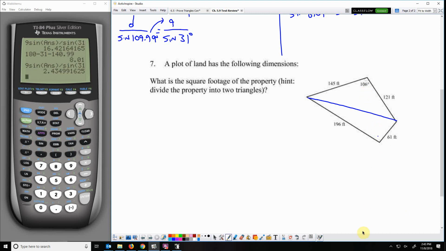two together. So first, for triangle 1 here, I would do half AB sine C. So for area 1, so we'll call this triangle 1 and triangle 2. For the area of triangle 1, it's half AB sine C. So 145 times 121 sine 106.